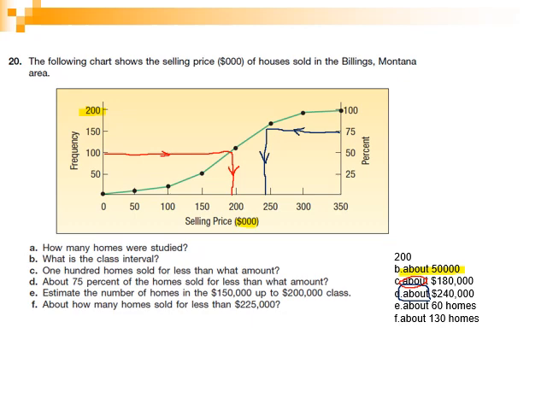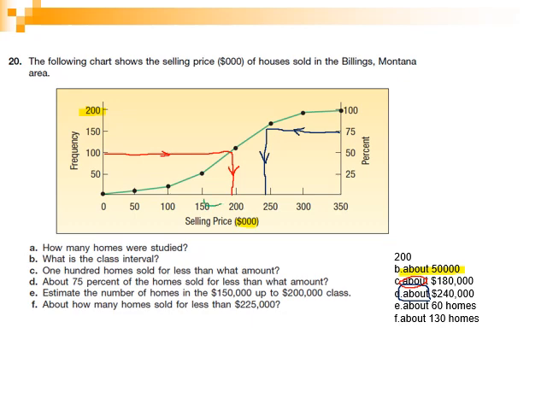Estimate the number of homes from 150,000 up to 200,000 dollars. So we have the information on the x-axis, the horizontal axis, and we want the answer from the frequency on the vertical axis. So we use the class interval from 150 up to 200.